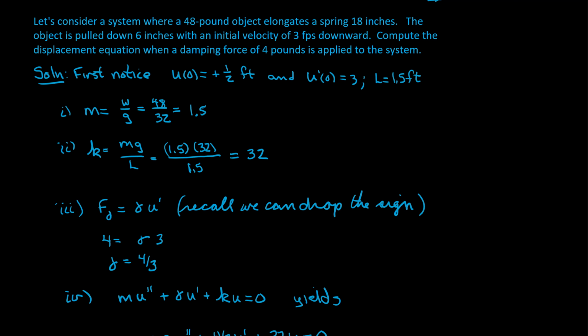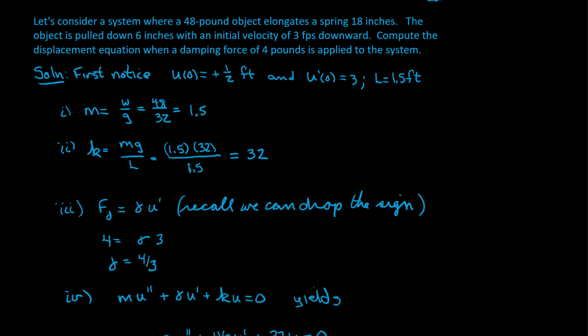Notice that the object is pulled downward 6 inches. There's our initial displacement. And once again, it is converted from inches to feet. So u of 0 is 1/2. Because it's downward, it's a positive 1/2. The initial velocity is 3. It's positive, moving downward. And the elongation is 1.5. With that, we now are able to compute m, the mass.